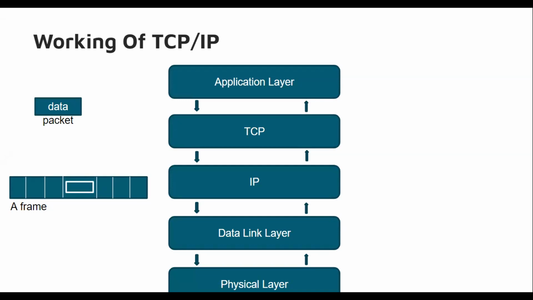The packets have to be delivered in order: first, second, third, fourth. You cannot miss a packet. You cannot say in TCP that a packet is lost. TCP/IP is very reliable in nature and keeps track of the data. It is a connection oriented protocol.